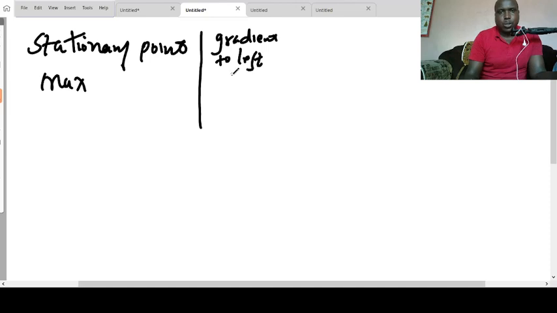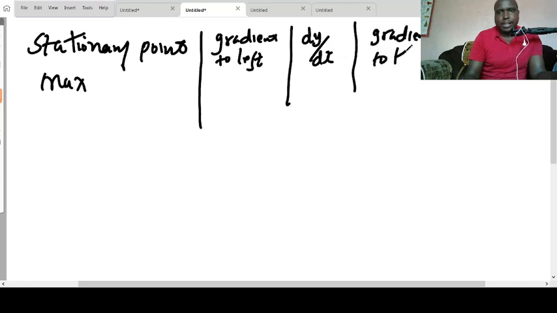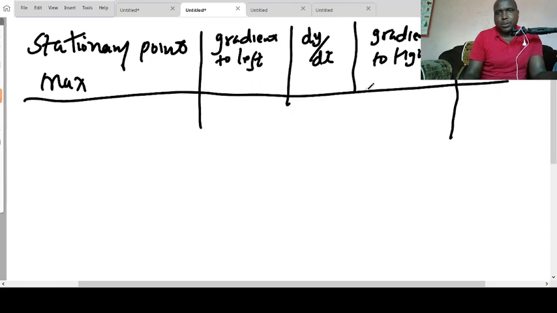We are going to talk about this, and then the gradient at the stationary point, that is dy over dx, then at the positive, so the gradient to the right, and then the nature of the point. So there is a table here I'm going to draw.